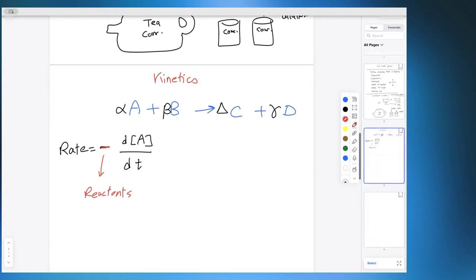Why is that? Because the concentration for the reactants is decreasing or increasing? Anybody? I have any reaction and the reactants, what happens to them? Do they increase in the concentration or decrease? Decrease, right?